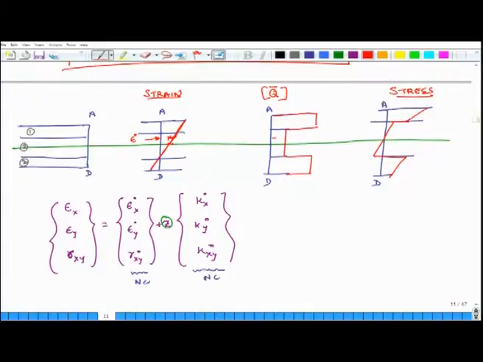So, within a layer, stress inside layer it is linear, and across layers it is discontinuous.